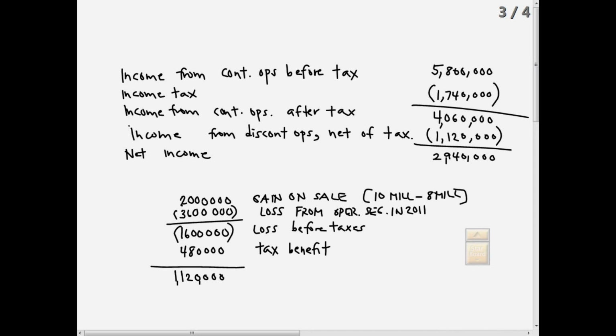Okay, so does everyone understand why we need to put this discontinued stuff at the end? Why we don't want to have this $3.6 million attached or in the same bucket as the $5.8 million? Both of those are, we ran the business this year, and both of those are income from running our business.